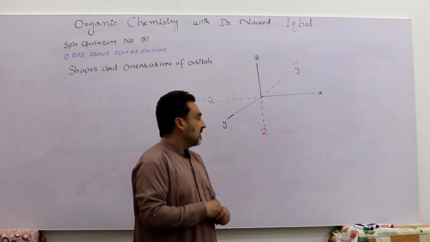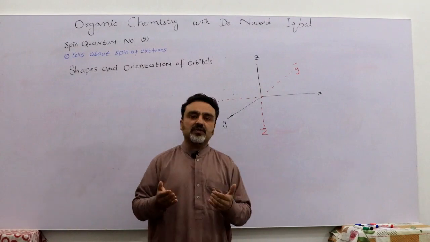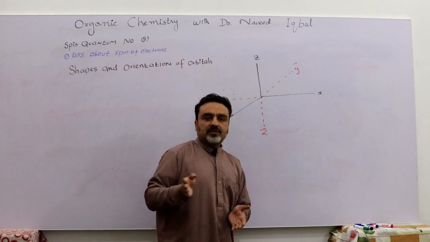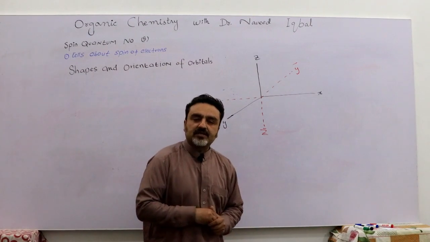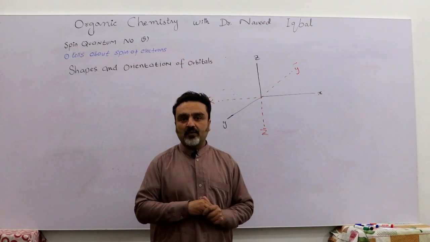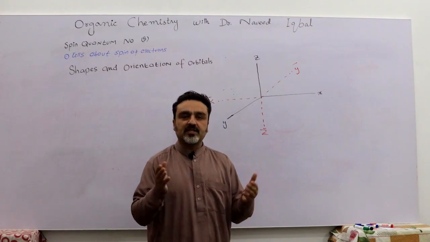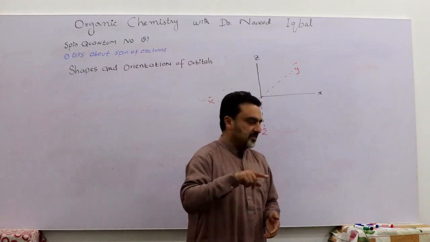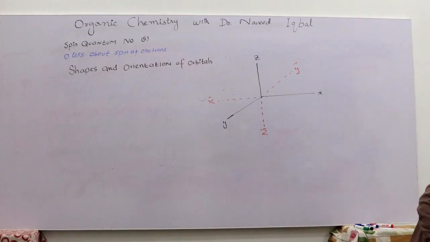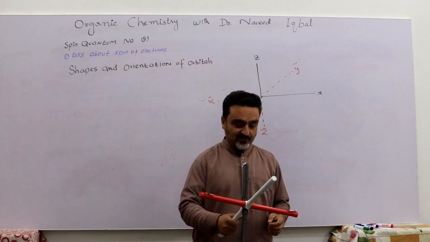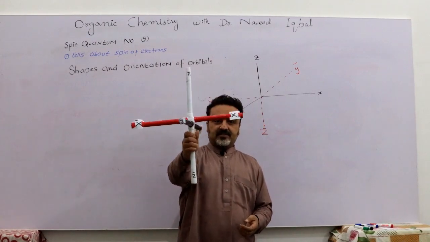To make you understand, I have created some models. Nowadays the country is locked down because of coronavirus, and therefore I have handmade tools, a handmade Cartesian coordinate system. This is the one.